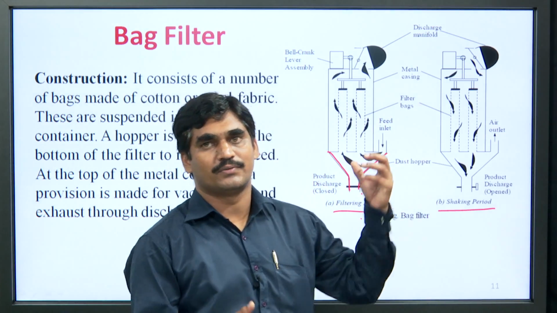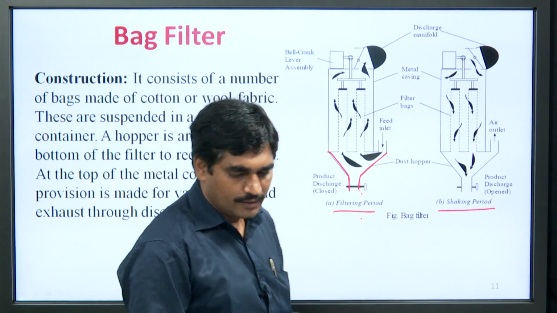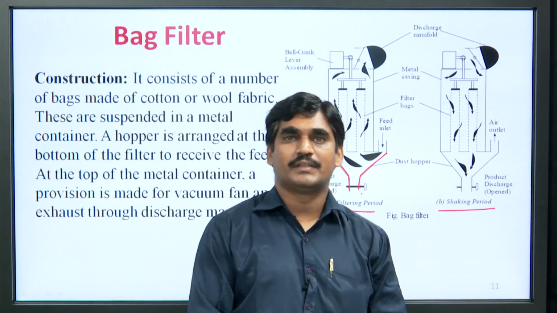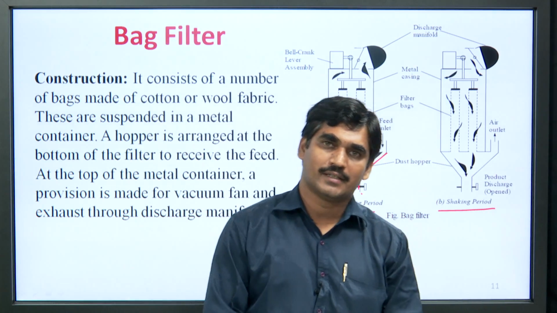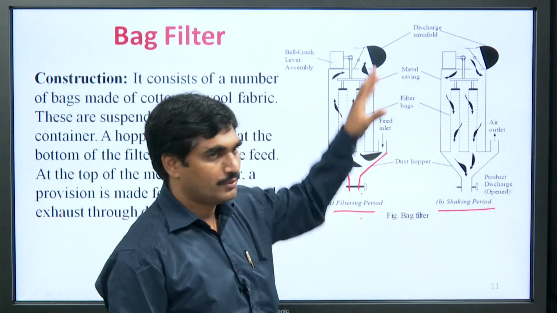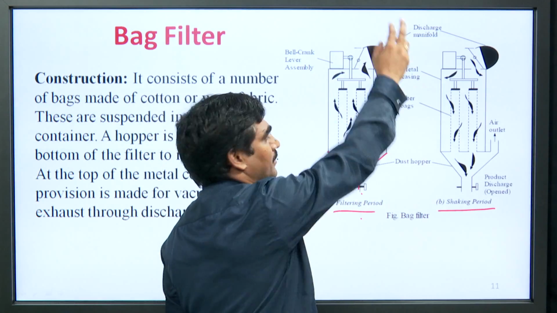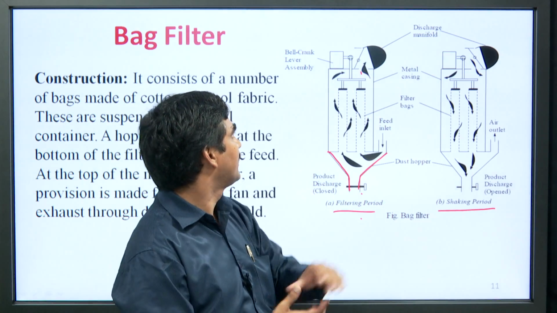Through this hopper, the feed is collected. At the top of this metallic container, provision is made for a vacuum fan and exhaust manifold, through which the discharge is taking place.